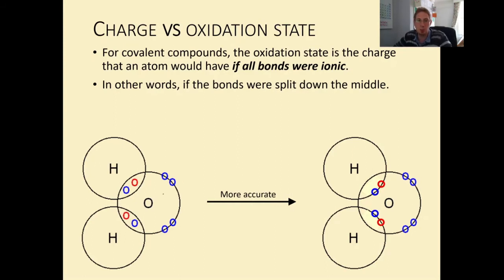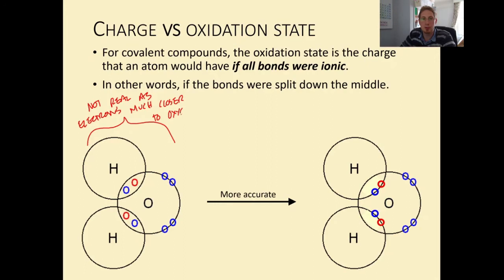But for something like water, well, we know that this is not a real representation, as the electrons are much closer to the oxygen. The oxygen is far more electronegative. It pulls on those electrons much more strongly than the hydrogen does. So on the right, this is a far more realistic representation.